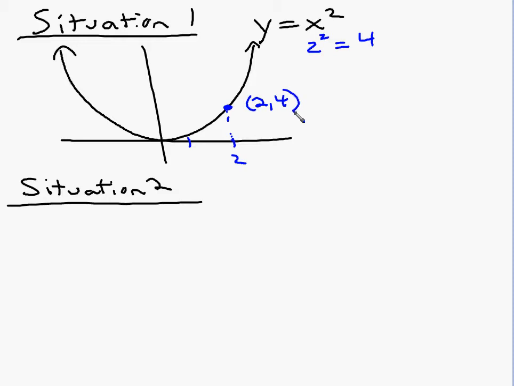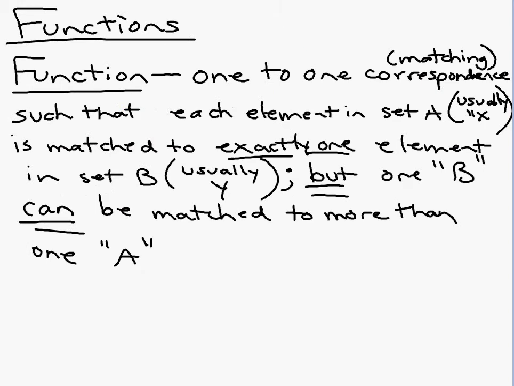Now what I want you to notice is if I come over to negative 2, isn't the point negative 2, 4? Right? If we come back to our definition, I said here at the end, 1b can be matched to more than 1a.